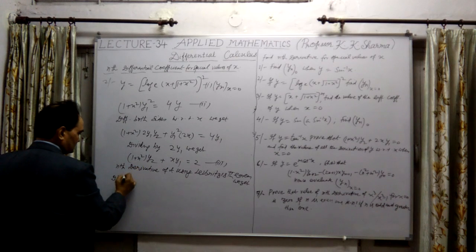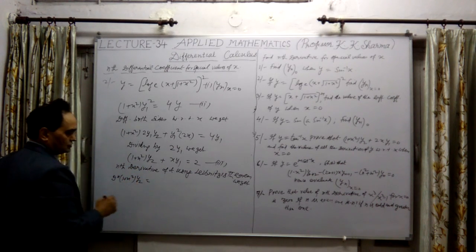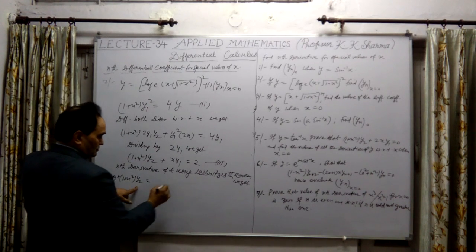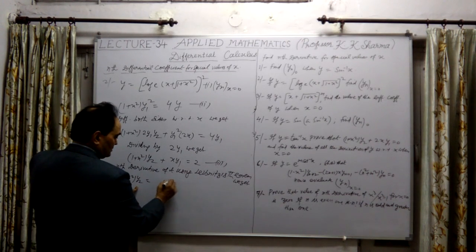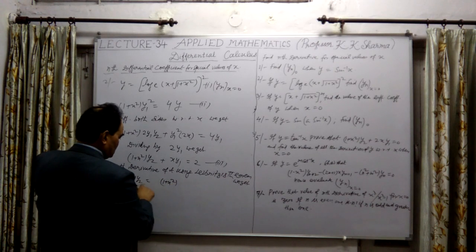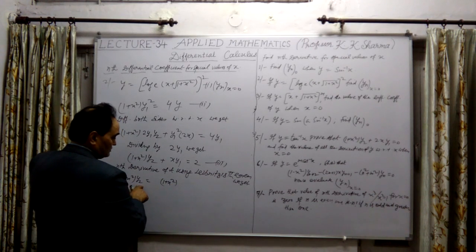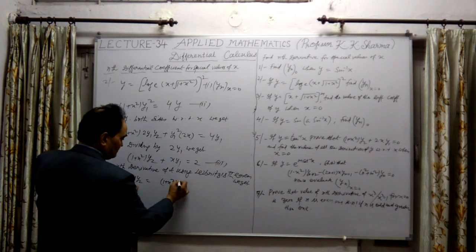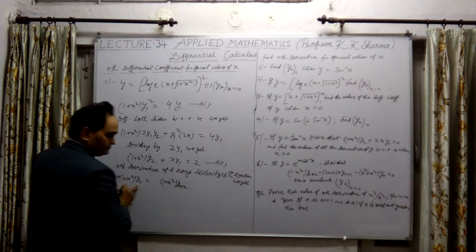First let me take the first step, (1 + x²) y2. Now (1 + x²) is as it is, and the nth differentiation of y2 will be y(n+2).